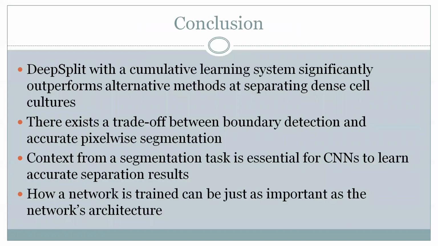In summary, this work proposed a novel multitask architecture, DeepSplit, which significantly improves segmentation results for dense cell cultures by adding a separation task, which learns the most challenging regions of the images. Our most interesting finding was that although context from the segmentation task is essential in training of the separation task, the two tasks are actually best addressed as independently as possible.